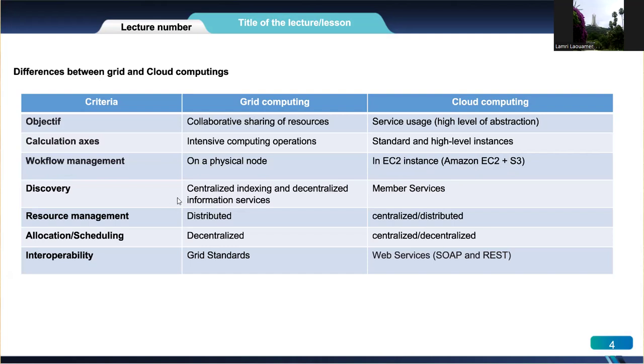For the allocation or scheduling, grid computing is decentralized, but cloud computing is both centralized and decentralized.